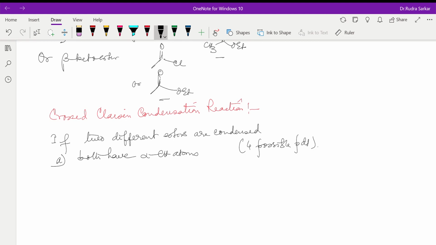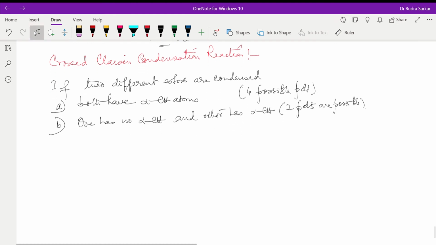We are using the same analogy as we have used in the case of the aldol condensation reaction. Now, if one has no alpha CH and the other has alpha CH, then two products are possible. Okay, we will see how this is happening.